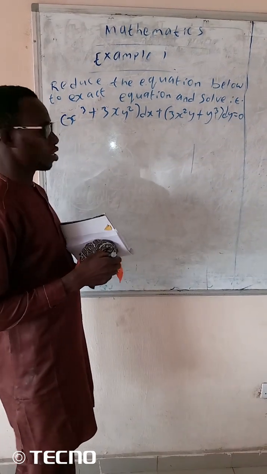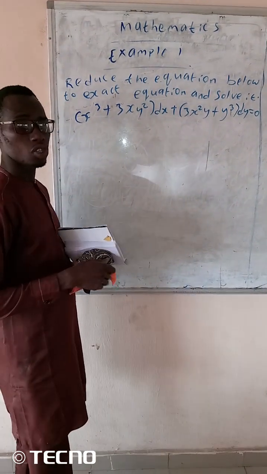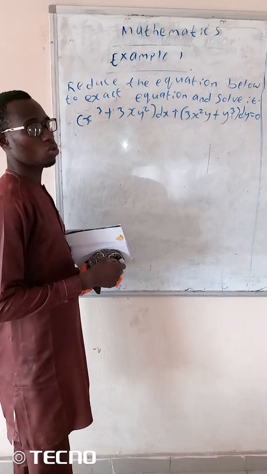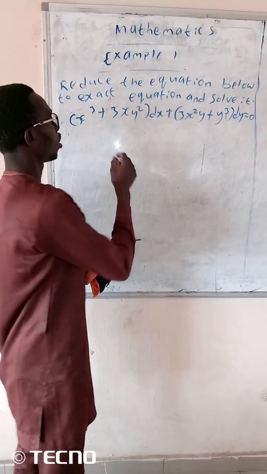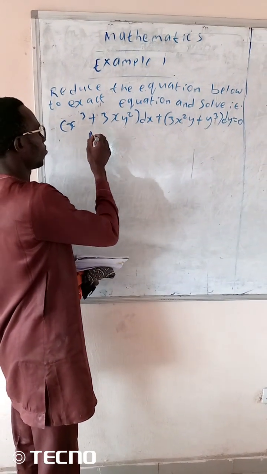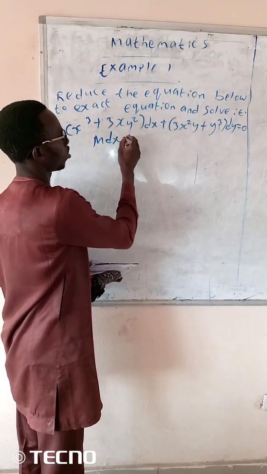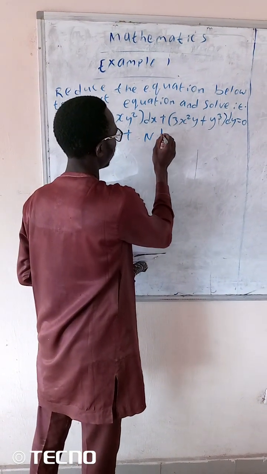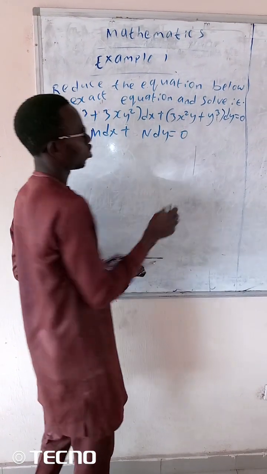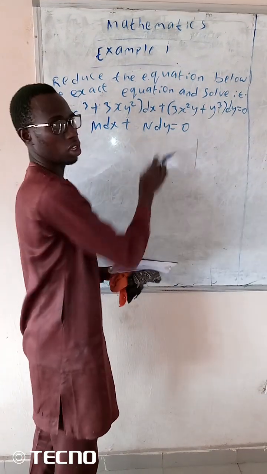So this is the equation, and we need to reduce it to exact equation. So what we are going to do is change it to the form of M dx + N dy equals 0. We need to change this equation to be in this form.